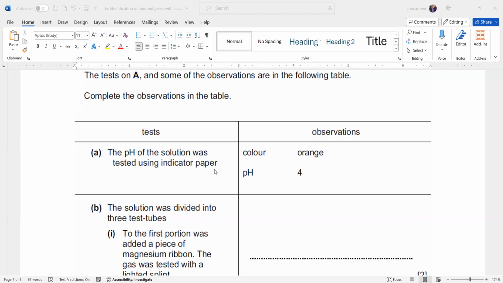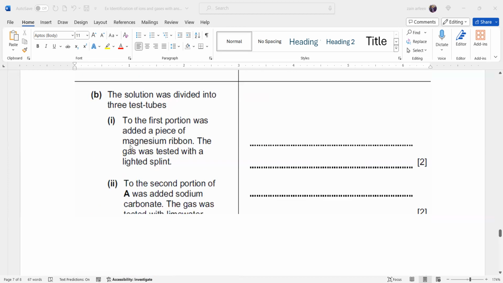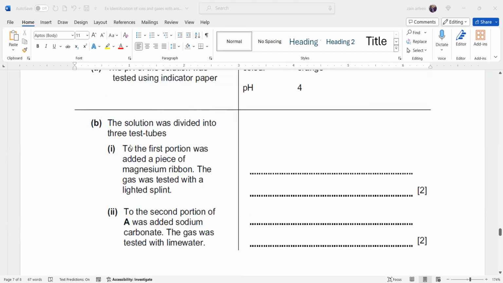What kind of acid is this? A weak acid, because the pH is 4 and the color is orange. Usually organic acids are weak acids, such as ethanoic acid, propanoic acid, methanoic acid.